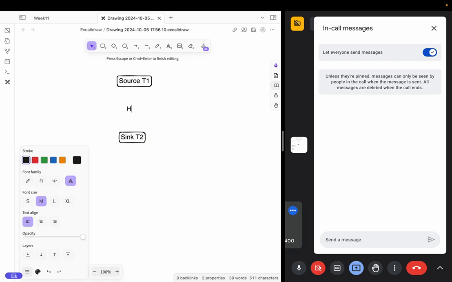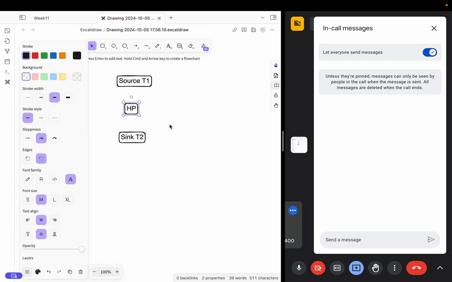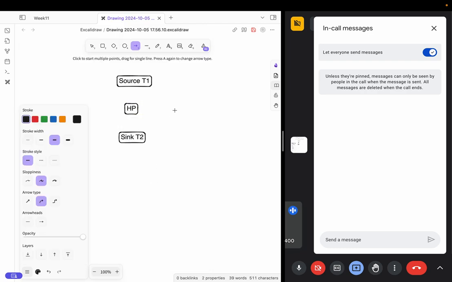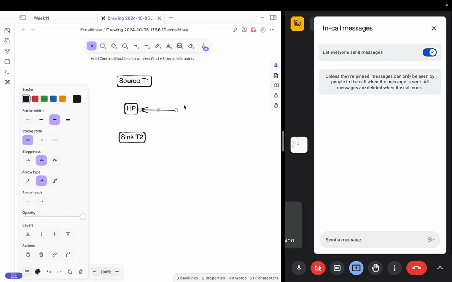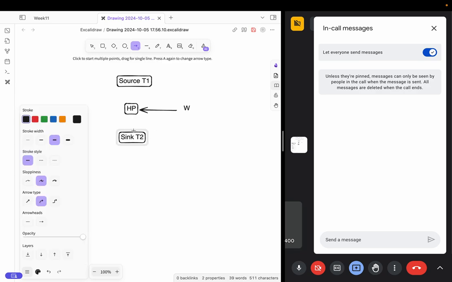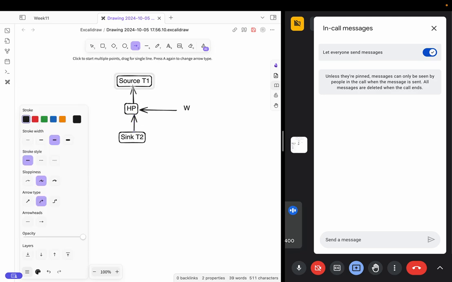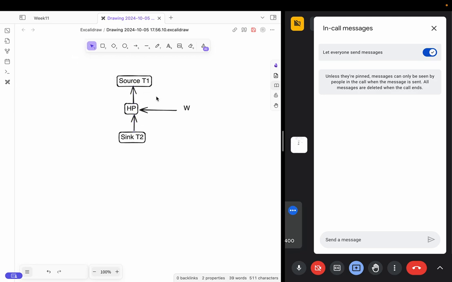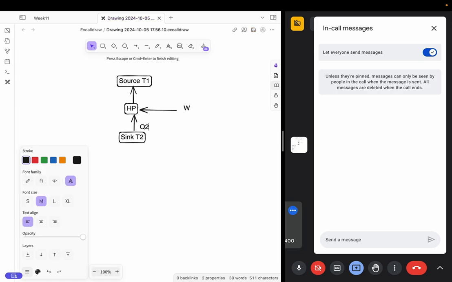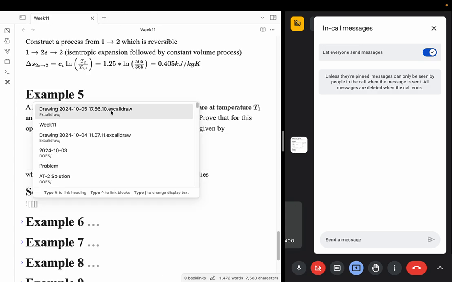And then you have your heat pump here. What would happen is you supply the work to the heat pump, and you take heat from the sink, and the heat pump will give it to the source. This is the general thing. Say this is Q2 and this is Q1.